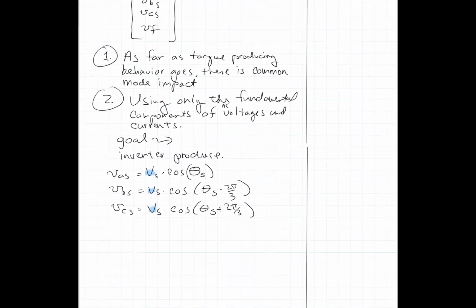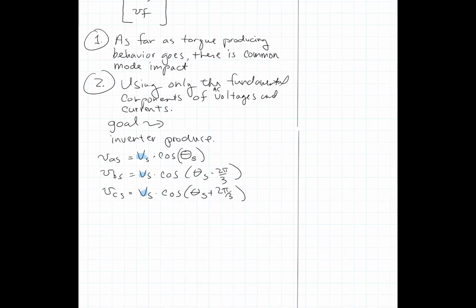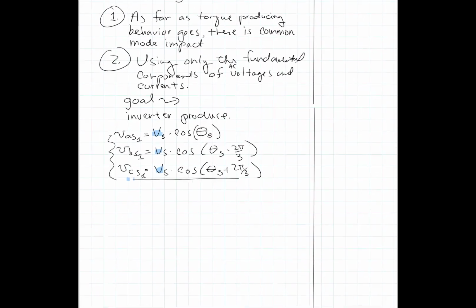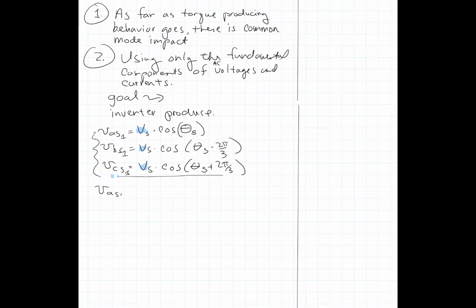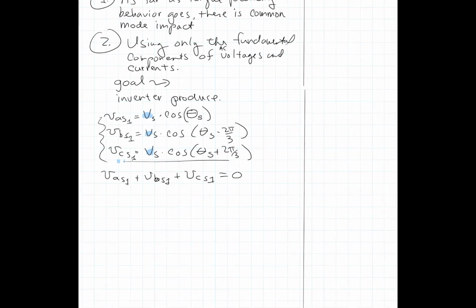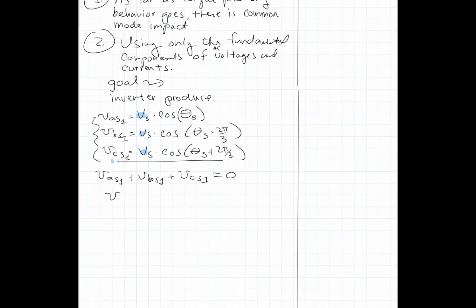So we've got those two things, and then because of this, these three voltages, the way they're described here, are essentially the fundamental components of what the inverter produces. VAS1 plus VBS1 plus VCS1 at any instant of time will sum to 0. So that tells me that the behavior on one winding is going to be dependent on the other two.